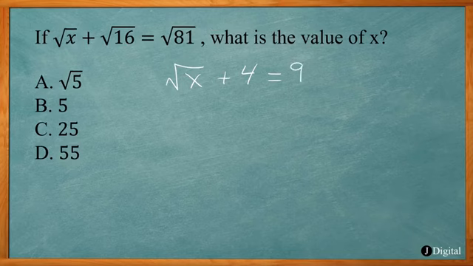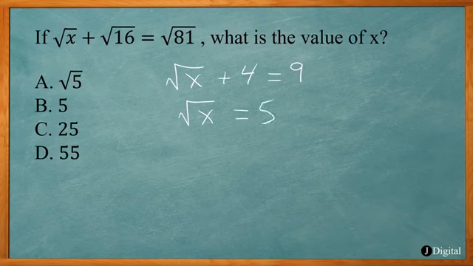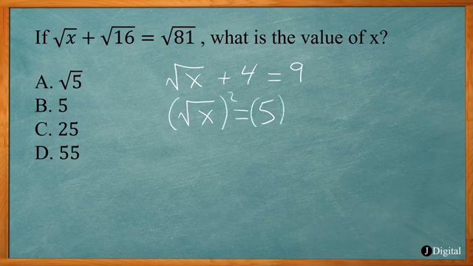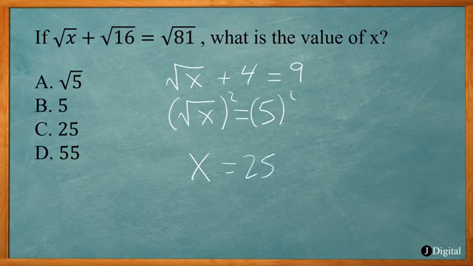Now I can get the square root by itself by subtracting 4 from both sides. That gives me 5 on the right side. Now when we deal with the radical, we need to do the opposite. So taking the square root, the opposite would be squaring it. That's going to get rid of the square root sign. These are just x. And 5 squared will give us 25. So answer choice C is the correct answer.